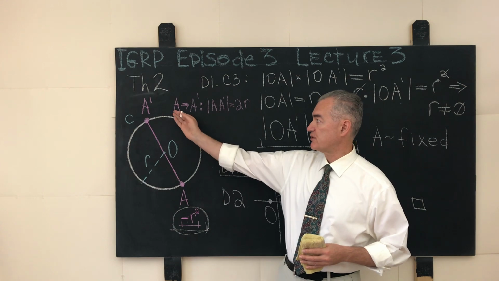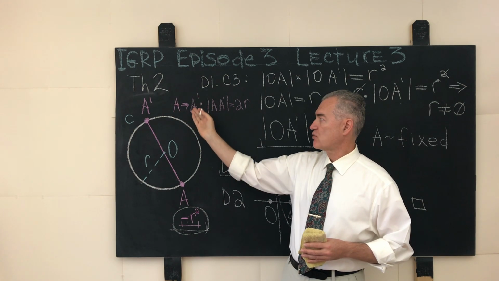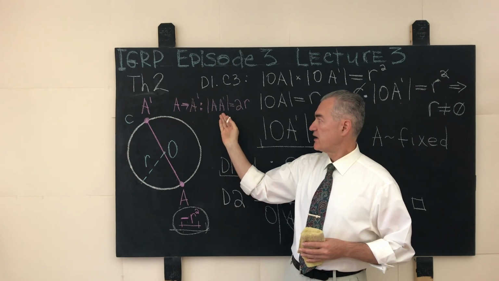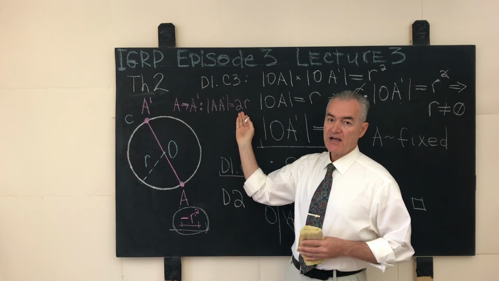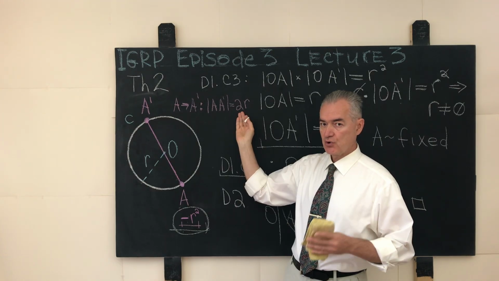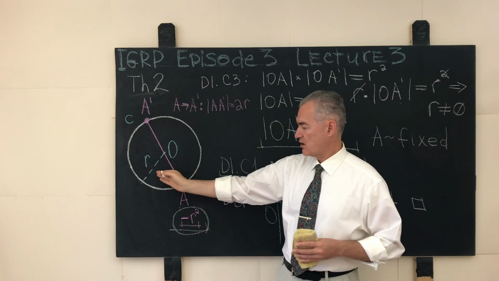In other words, the point A, for example, is taken into the point A prime such that the distance between the pre-image point and the image point is precisely the diameter of the circle of inversion, or the distance that is equal to twice the length of the radius of inversion R.